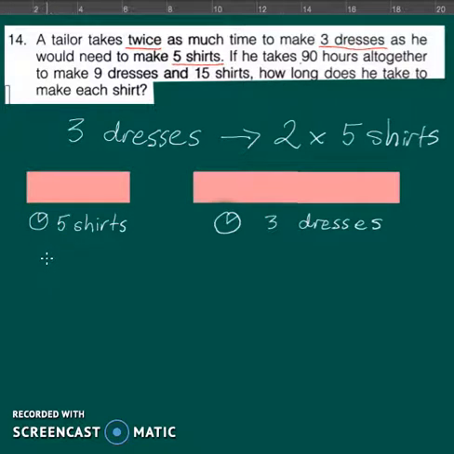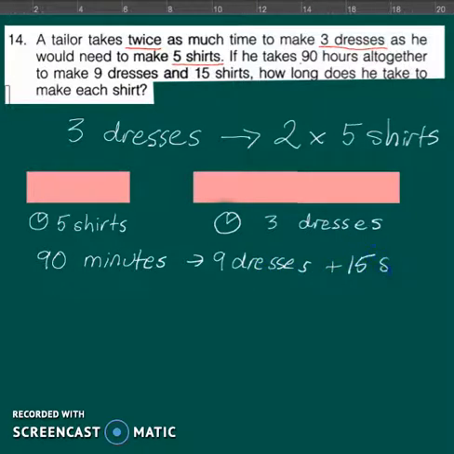Now the next piece of information that we're given is that it takes 90 minutes to make 9 dresses and 15 shirts. So how can we represent 9 dresses and 15 shirts using the bars that we just created?